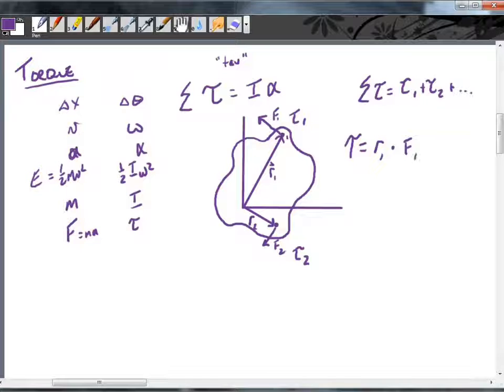So our torque 1 is going to be our R1 times our force 1, and our torque 2 is going to equal R2 times F2. Now these are just the magnitudes so far. And this is also only if the force is perpendicular.